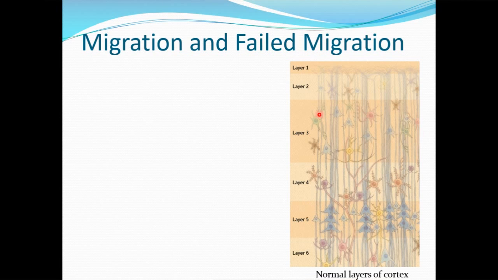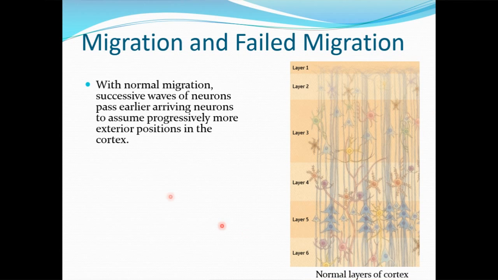And here we get to the layers of cortex again. This is where it starts to become very important. So you have layer 1, 2, 3, 4, 5, 6 of the cortex. Now with normal migration, successive waves of neurons pass earlier arriving neurons to assume progressively more exterior positions in the cortex.